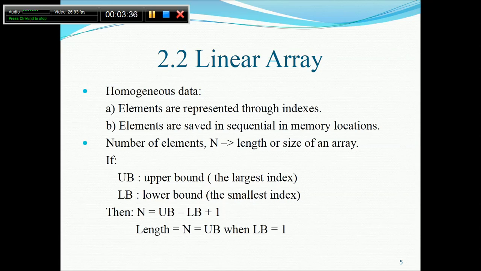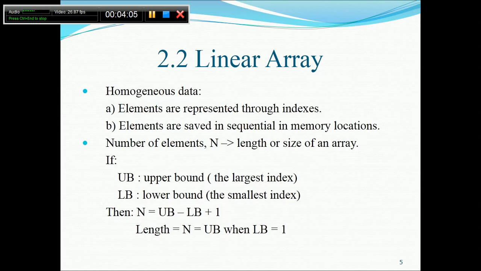Number of elements, and the length or size of an array. If UB is the upper bound, the largest index, and LB is the lower bound, the smallest index, then how do we find the total number of elements? n is equal to UB minus LB plus 1. But this works whenever the array index starts from 0.